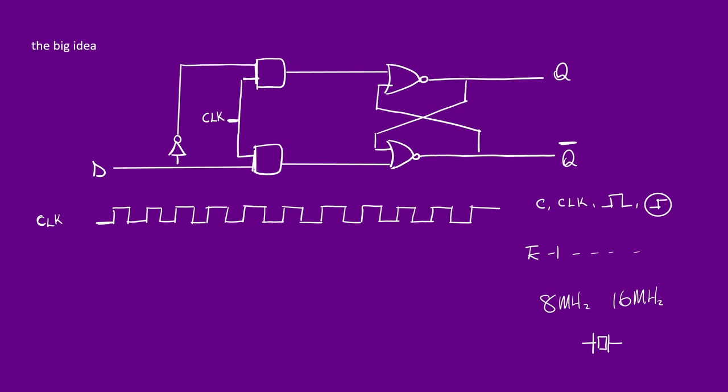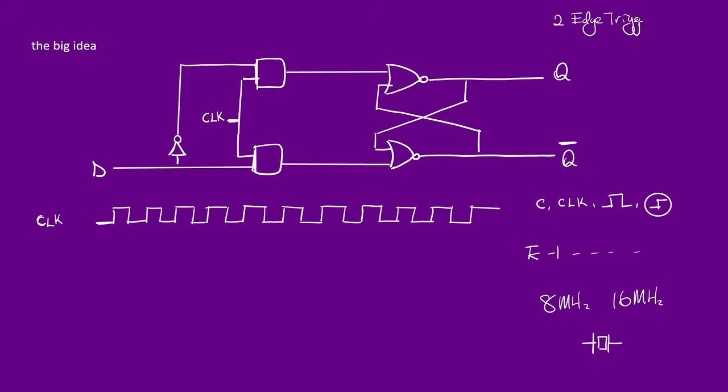So now instead of looking for the entire period when my enable is high, I'm looking at when my clock signal changes. All right. So recall there are two edges to handle it. So two types of edge triggering.